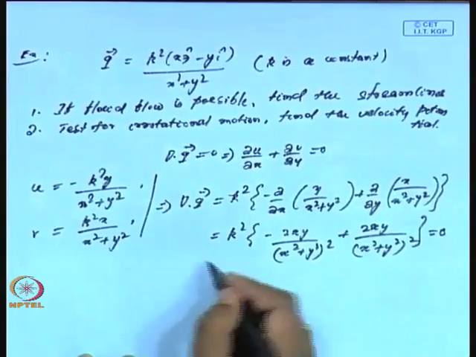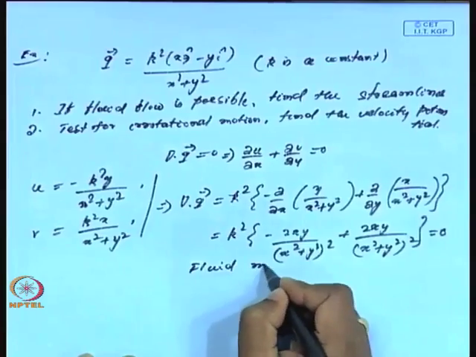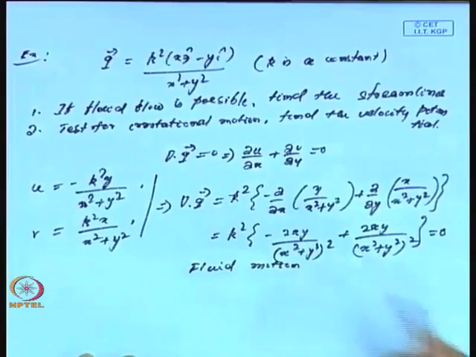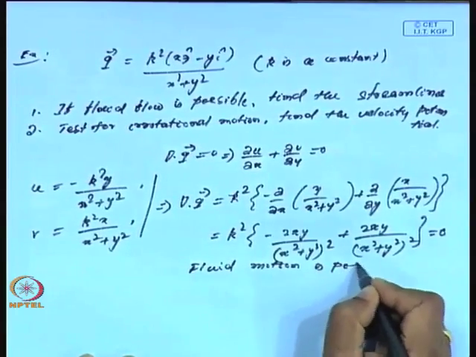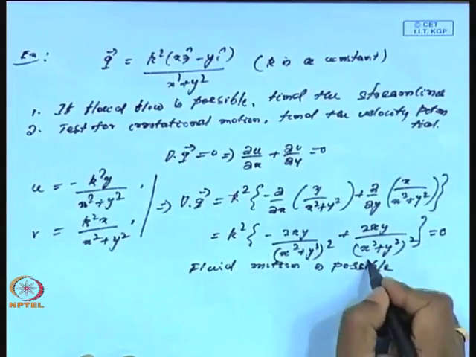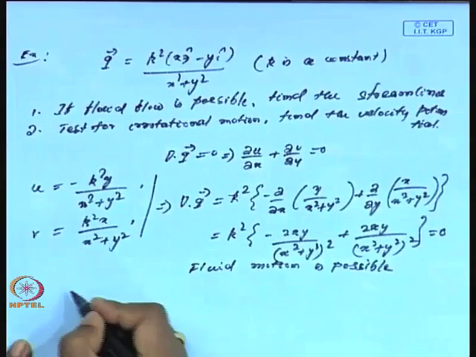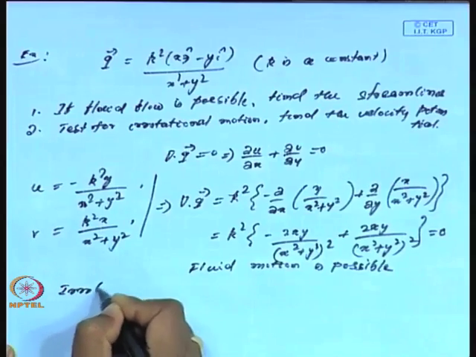Hence, fluid motion is possible; it is an incompressible fluid. Once the fluid motion is possible, we ask what the streamlines will be. Now check for rotationality.